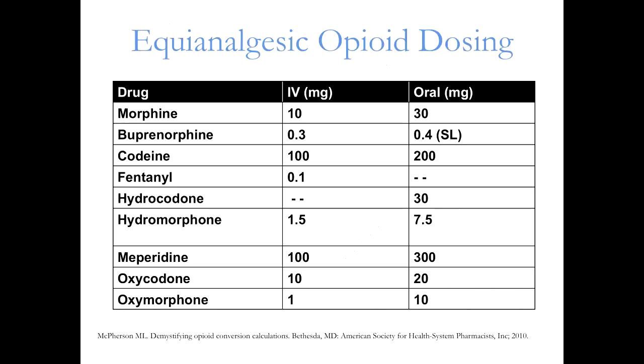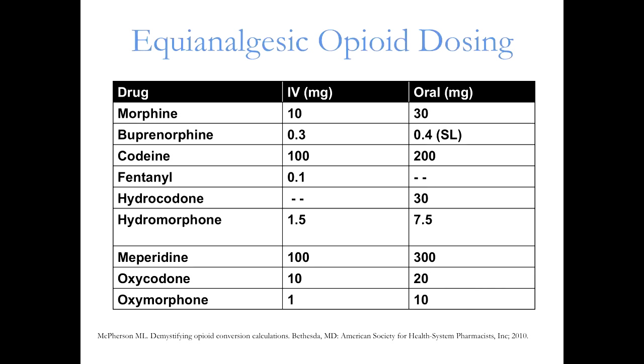So if you look at this, we basically can say that morphine and hydrocodone are equal analgesic to each other. So if you're on 30 milligrams of morphine and you want to switch somebody to hydrocodone, theoretically you could use 30 milligrams. However, there are some cross-tolerance issues where we can't necessarily use this table as the end-all be-all.